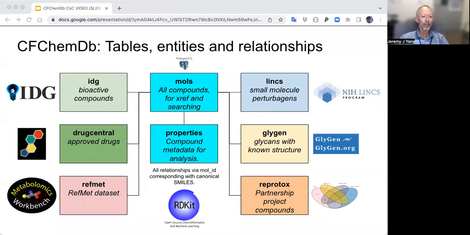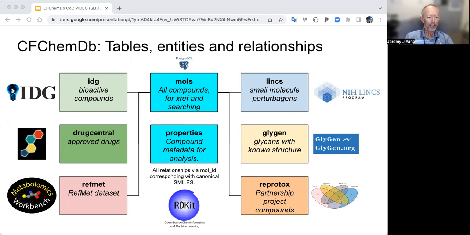This diagram represents the CF ChemDB relational database with boxes corresponding to tables. Currently, the Data Coordinating Centers, DCCs, included are IDG, LINCS, Metabolomics Workbench, and GlyGen, with extensibility designed to include additional DCCs as available. A separate table is for DrugCentral, a featured IDG curated knowledge base of approved drugs with their associated biological targets, clinical indications, and much more.